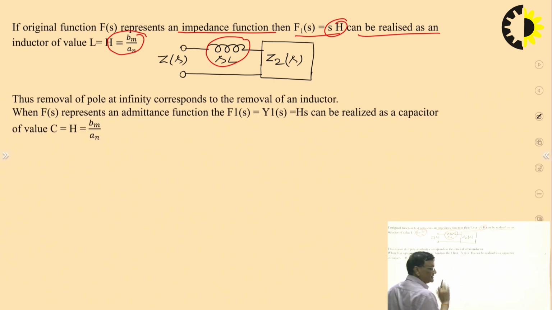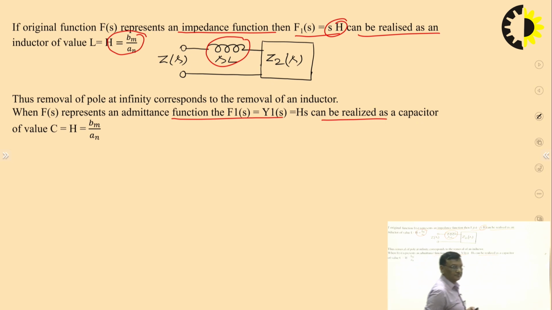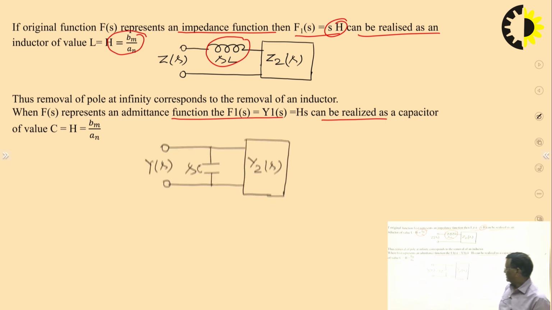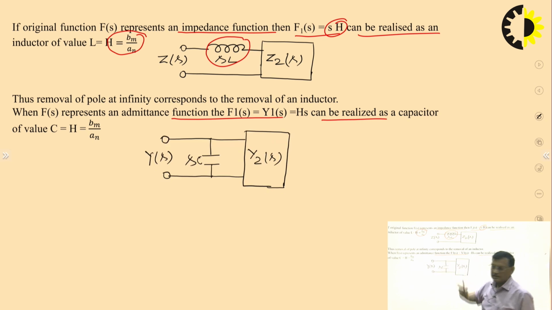If the function is admittance, we get one capacitor. This is the first method.